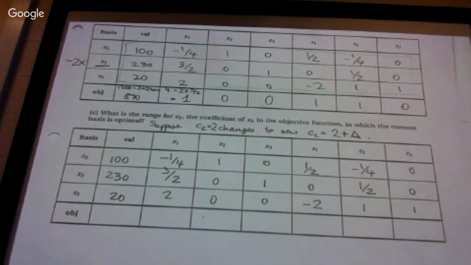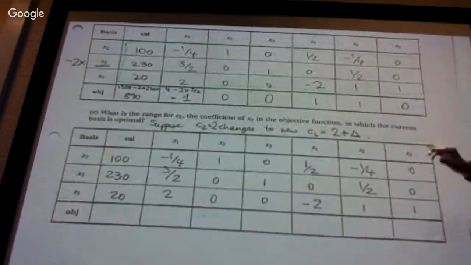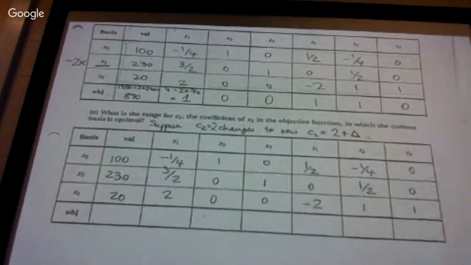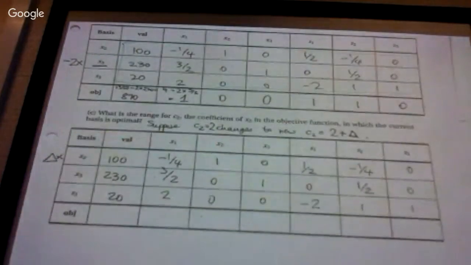So what we were doing is, because C3 decreased by 2, we took minus 2 times this row and added it to the objective. And now if it increases by delta, we take delta times the x2 row and add it to the objective row, and that's constant.